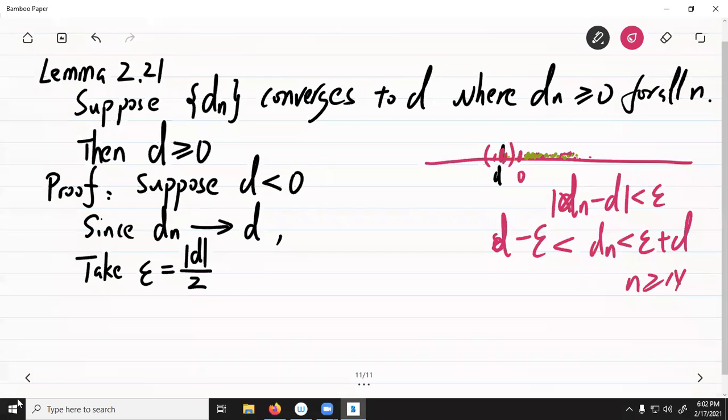From this D to 0, the distance is the absolute value of D. So we just pick a half, right? You can pick 1/4, no problem. So here I just pick 1/2. So it must be inside, on the left side of this 0.